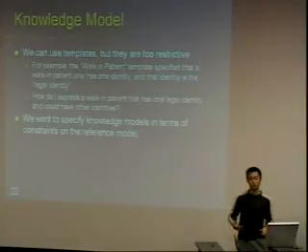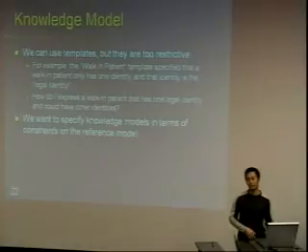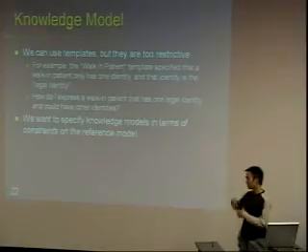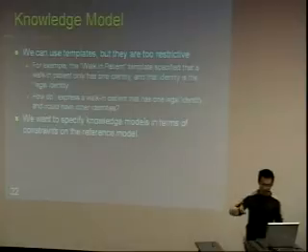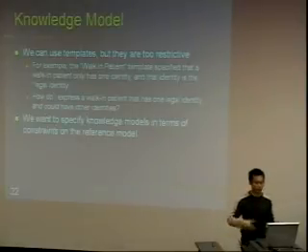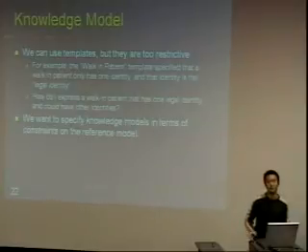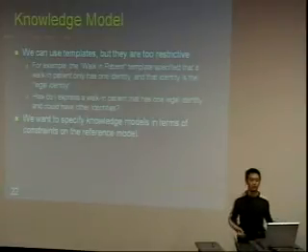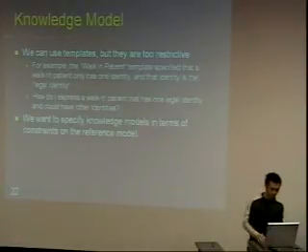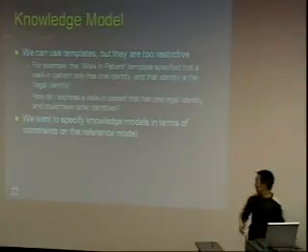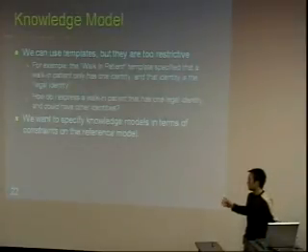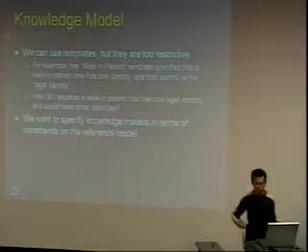What if I want to model a walk-in patient with more than one identity, multiple ways of identifying that patient? I couldn't express that with a template because I have to explicitly state the multiplicity. So what we want to do is express knowledge models in terms of constraints on the reference model.